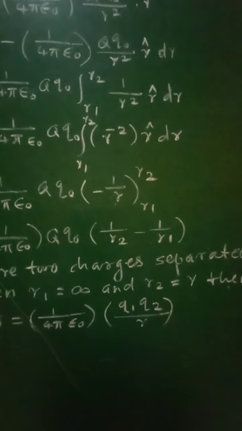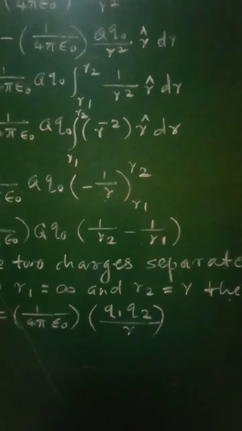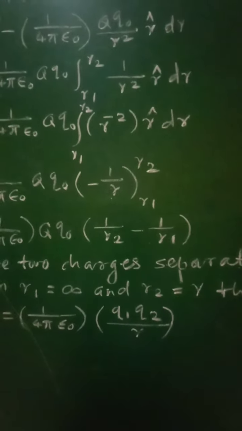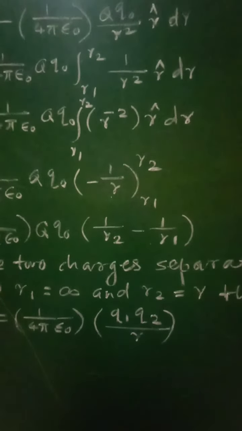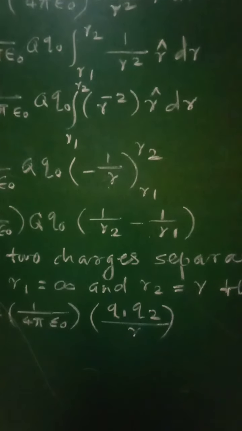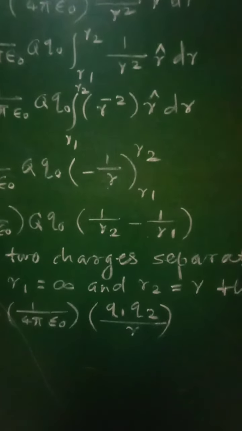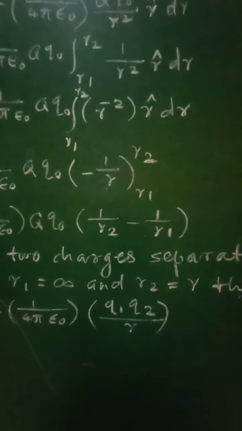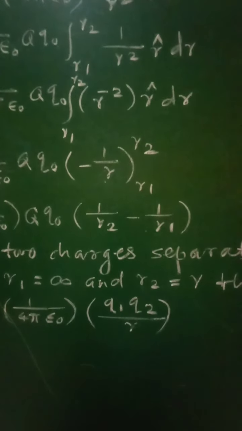Here the integration of r raised to minus 2 is equal to minus 1 by r, because the integration of r raised to minus 2 dr will be equal to r raised to minus 2 plus 1 upon minus 2 plus 1, and therefore we will get r raised to minus 1 upon minus 1, that is minus r raised to minus 1.